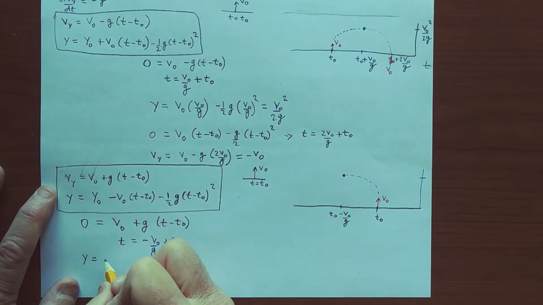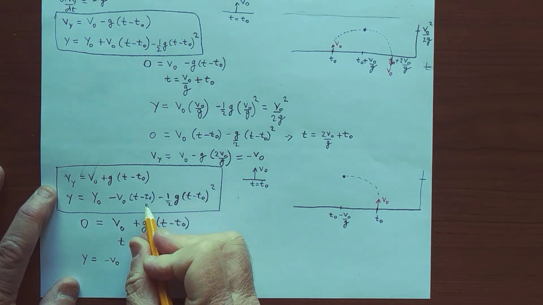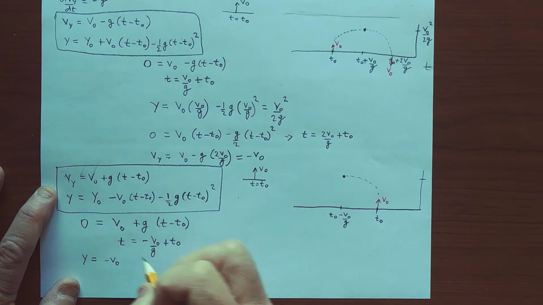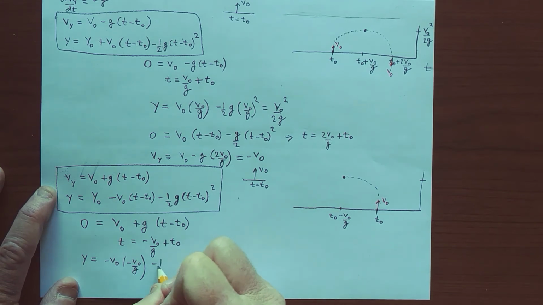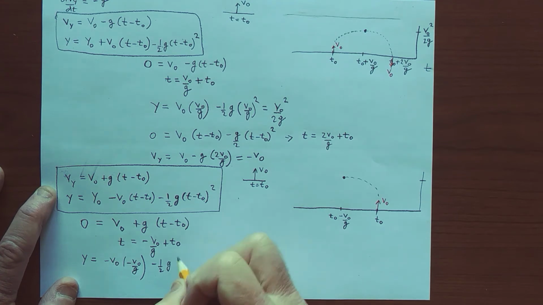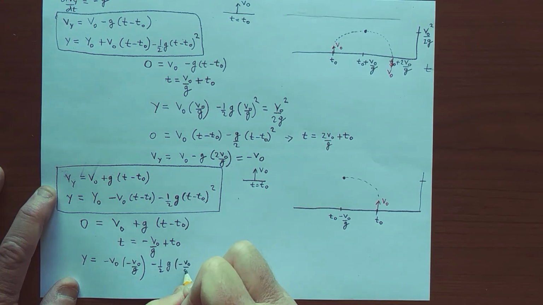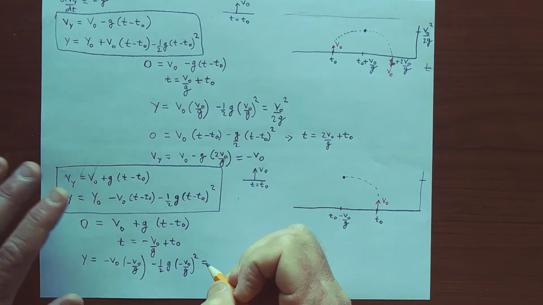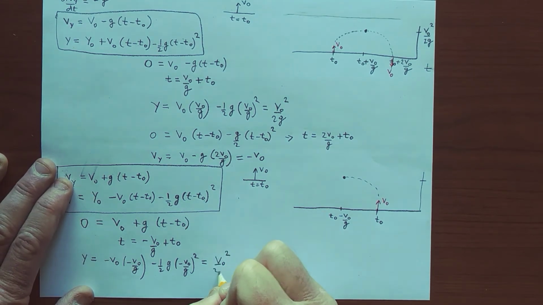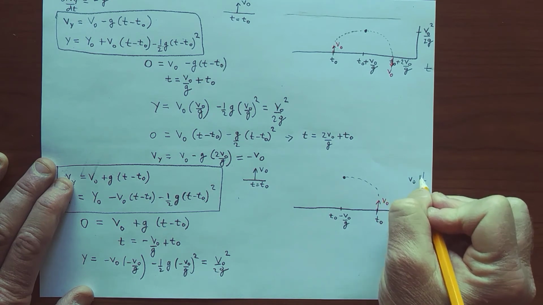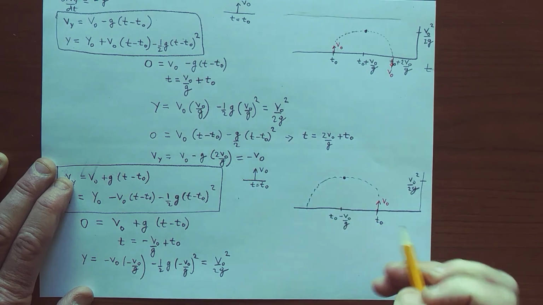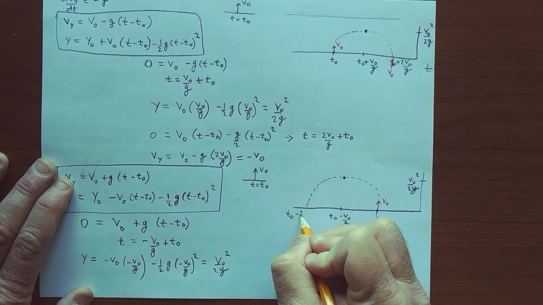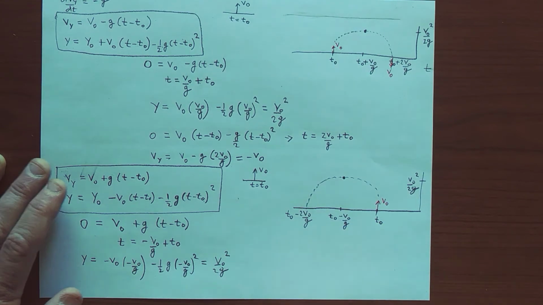We have a minus V naught times T minus T naught, which is minus V naught over G, minus 1/2 G times T minus T naught squared, which is minus V naught over G squared, and that in fact is V naught squared over 2G, so we have the same height, V naught squared over 2G, and we expect to come back down at a time T naught minus 2 V naught over G.